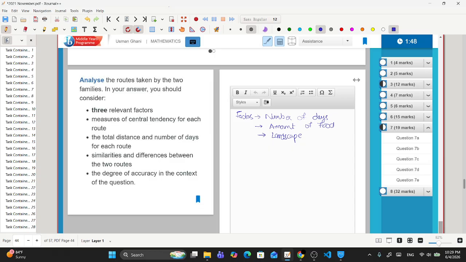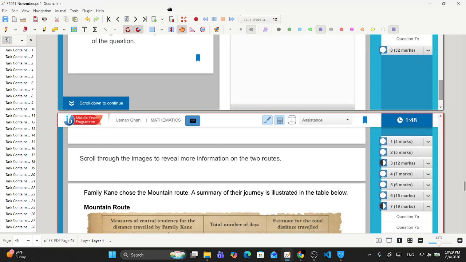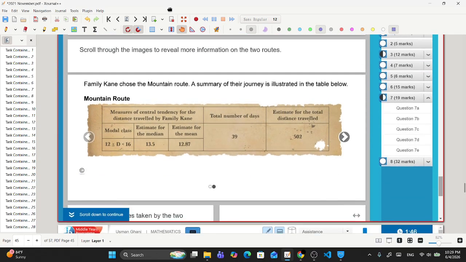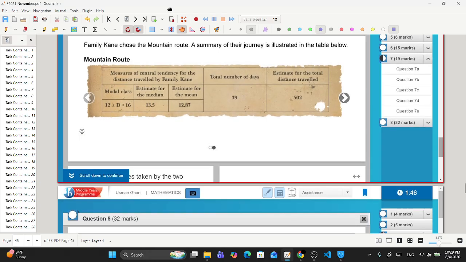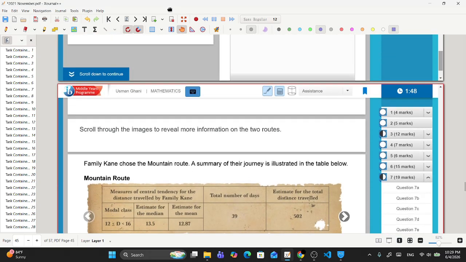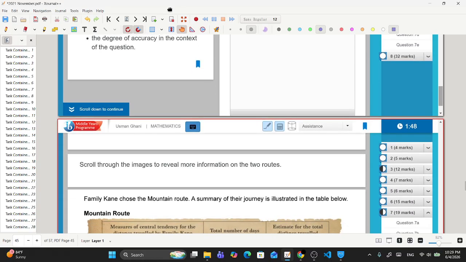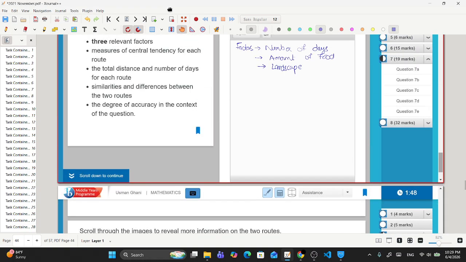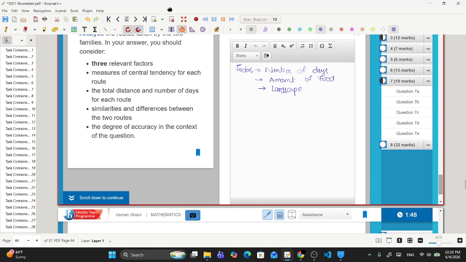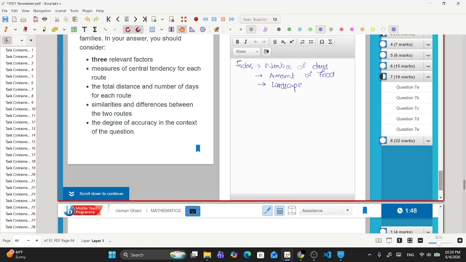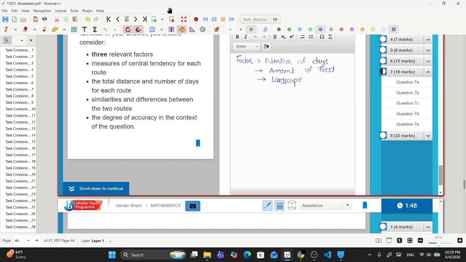Measure the central tendency for each route. If we calculate the central tendency and compare it between the routes, we have done the calculations, right?